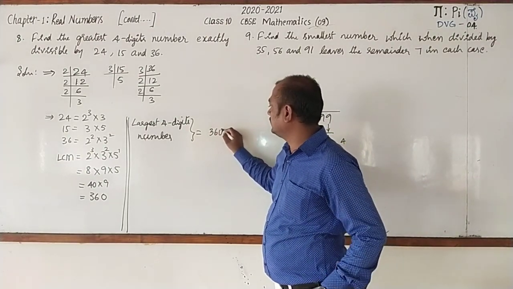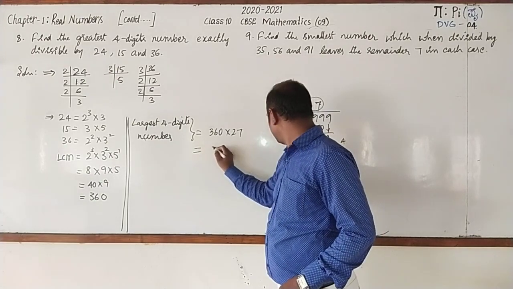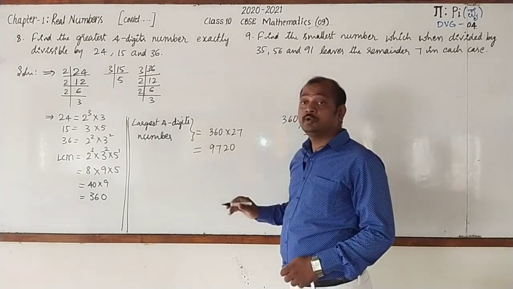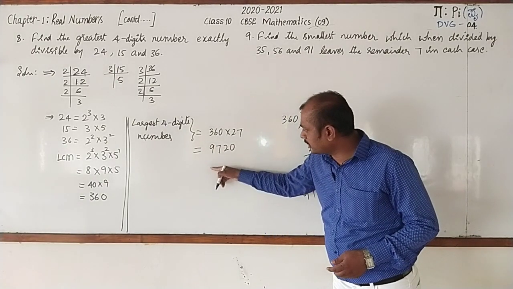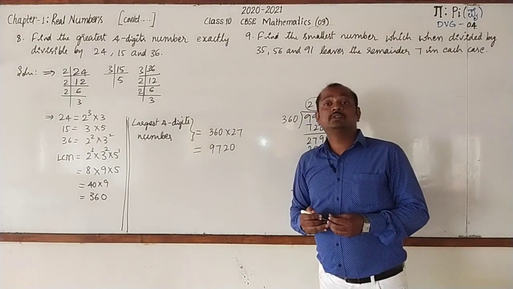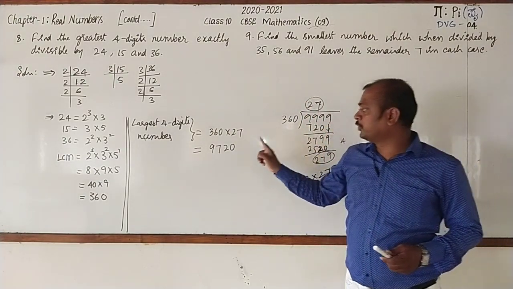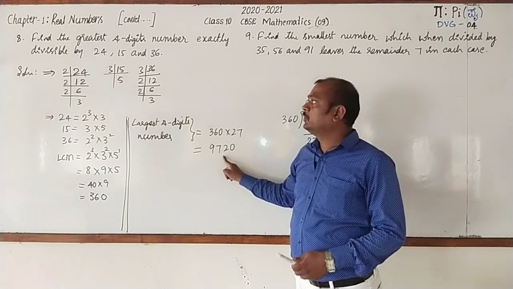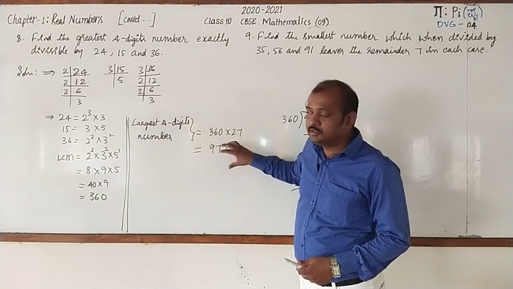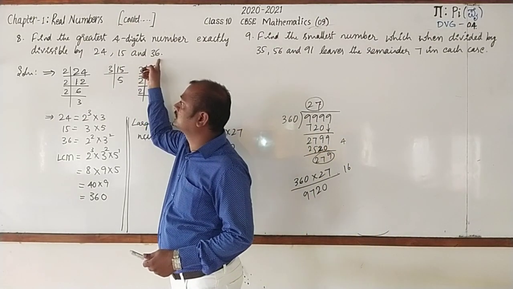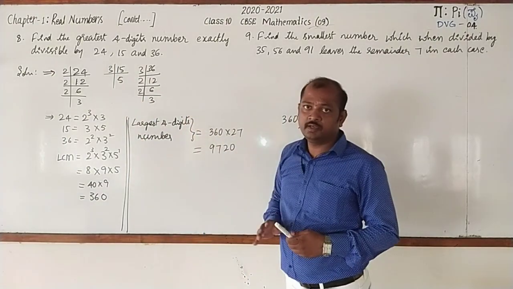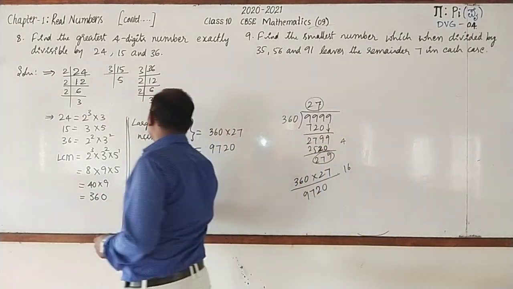So 360 into 27 is equal to 9720. Count the number of digits: 1, 2, 3, 4. So this is the largest 4-digit number which is divisible by these three numbers exactly. Clear? So I'll write the conclusion.